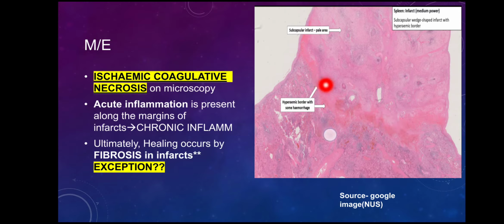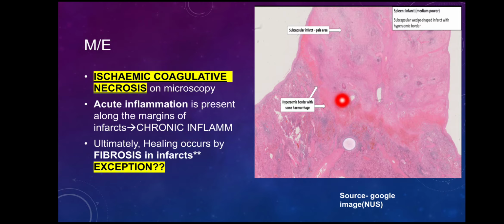Inflammation is more marked in the margin which is separating this area of necrosis from this viable area. So initially, in case of acute infarct, the inflammation will be composed of acute inflammatory cells like neutrophils, while when time passes, this acute inflammatory infiltrate will be replaced by chronic inflammatory cells like lymphocytes.